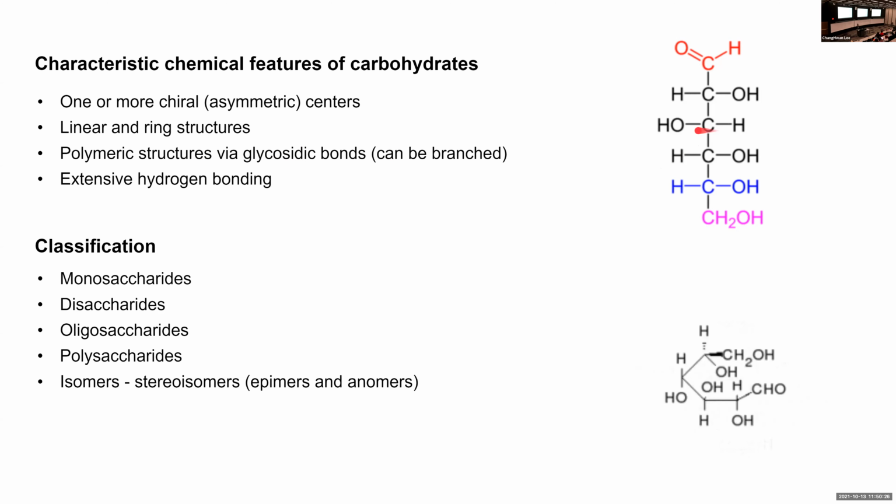And this is not about just making a linear chain, something similar to the amino acids, but it can also branch. So it can make all the branches using the hydroxyl groups on the sides too. As you can see, there are a lot of hydroxyls here. And there is going to be an extensive amount of hydrogen bonding involved in these molecular interactions.